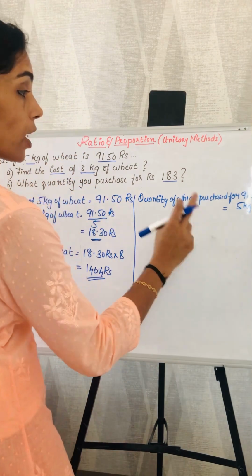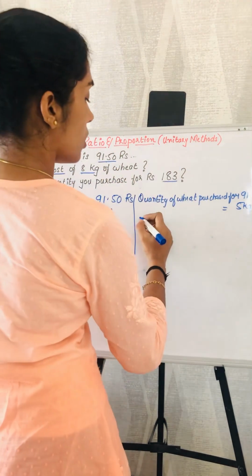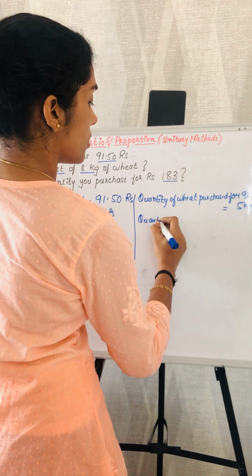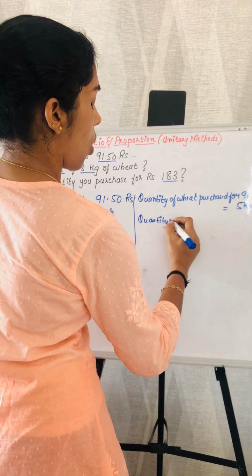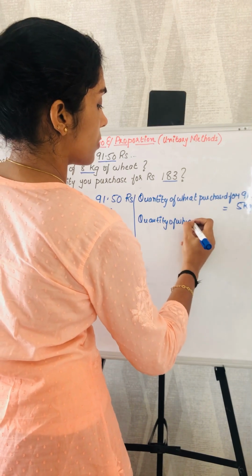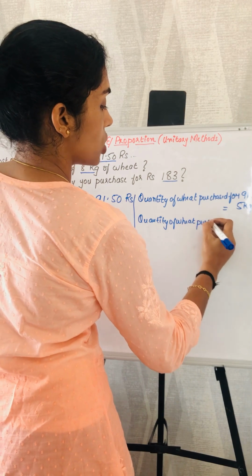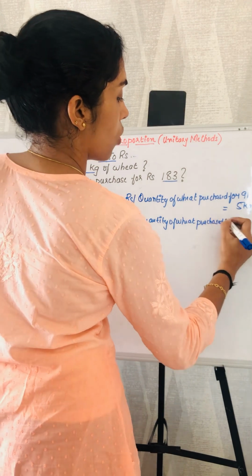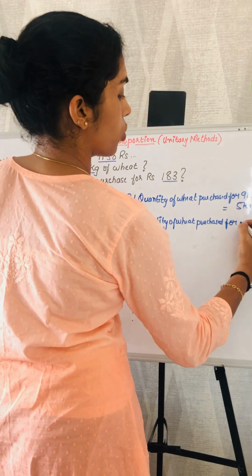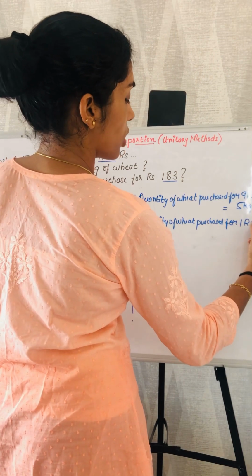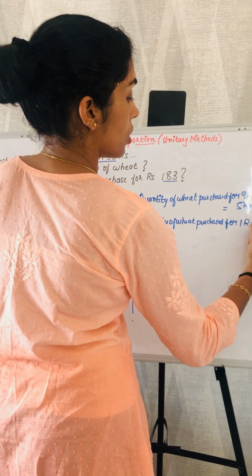So what you want to find for one quantity of wheat purchased for what? 1 rupees. You have to find, right? That is one quantity, 1 rupees.